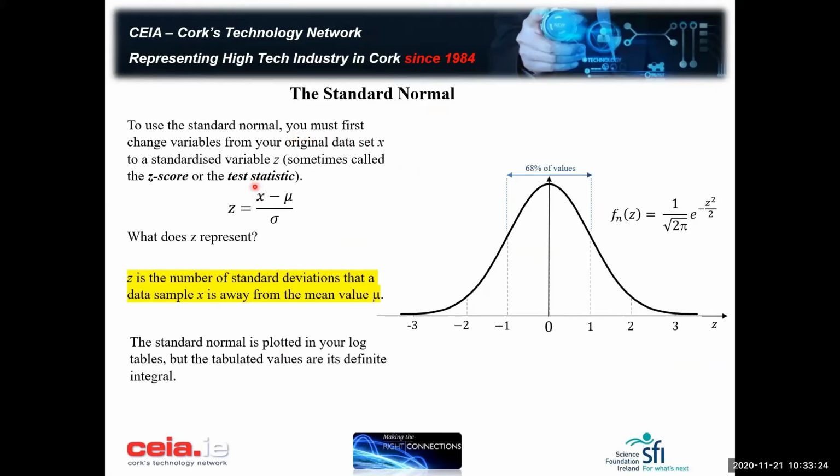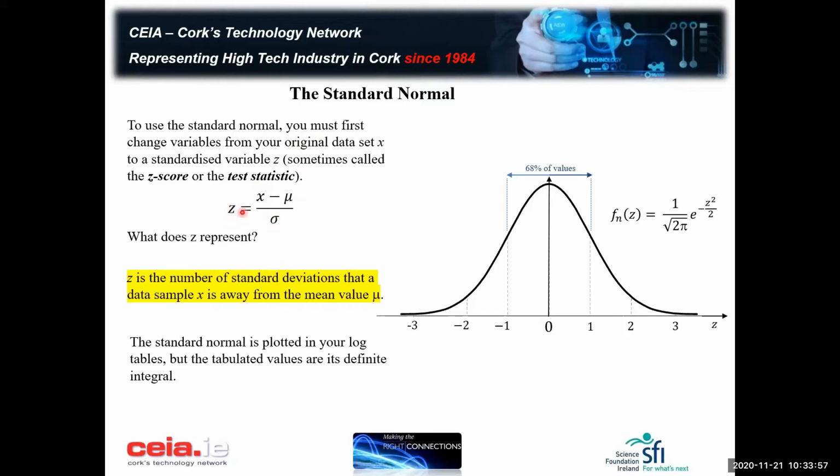Now, to use the standard normal, you need to change from your original variable x, which is the real life value you're studying, and convert it to a dimensionless quantity z. The way you do it is you subtract the mean of the x values from x, and divide by the standard deviation, sigma.